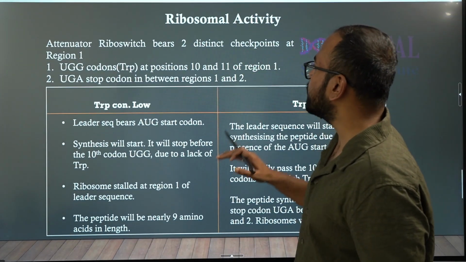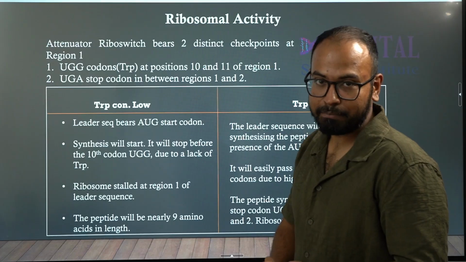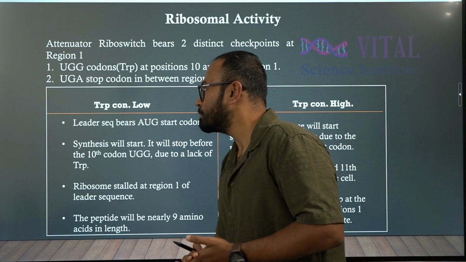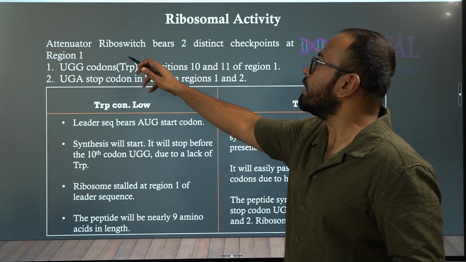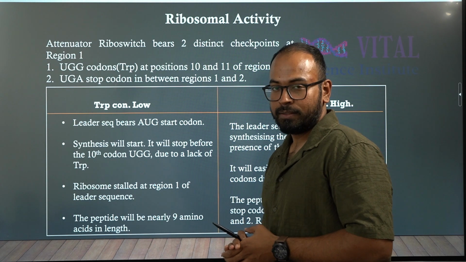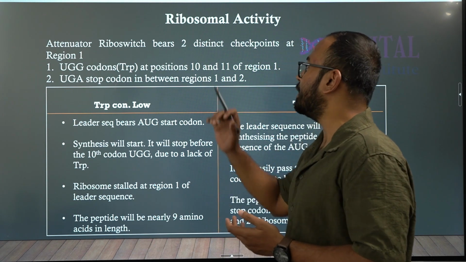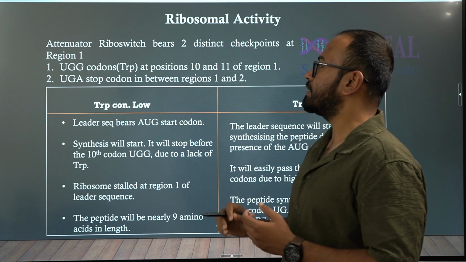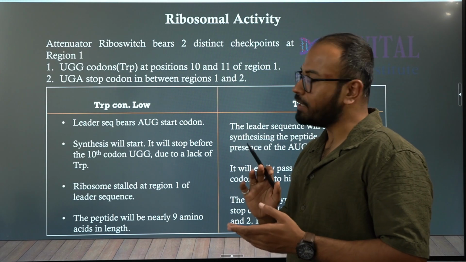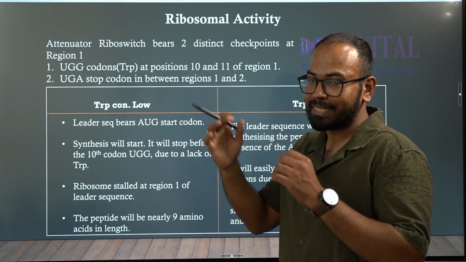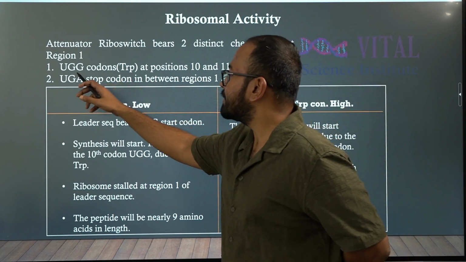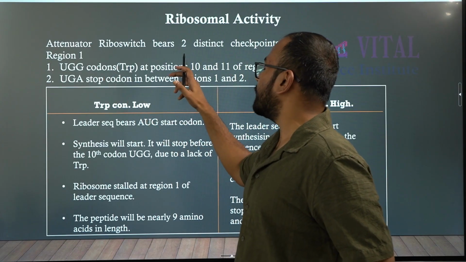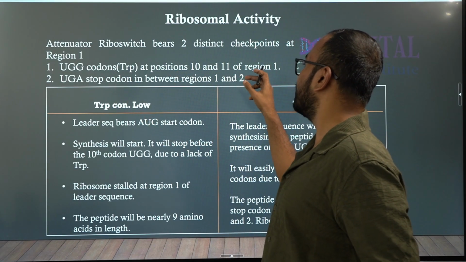First, we will start with ribosomal activity. That means during translation, what is happening? Now, the attenuator riboswitch, that means the leader sequence, bears 2 distinct checkpoints at region 1. What are the checkpoints? Just like the cell cycle. One is the UGG codon at position 10 and 11 of region 1.